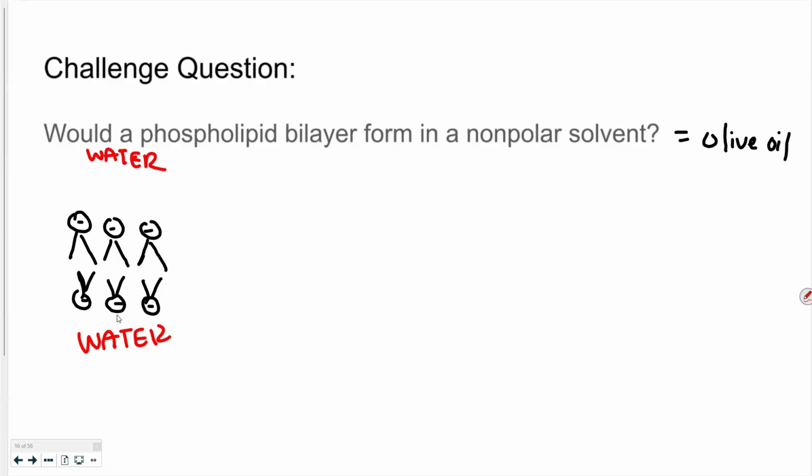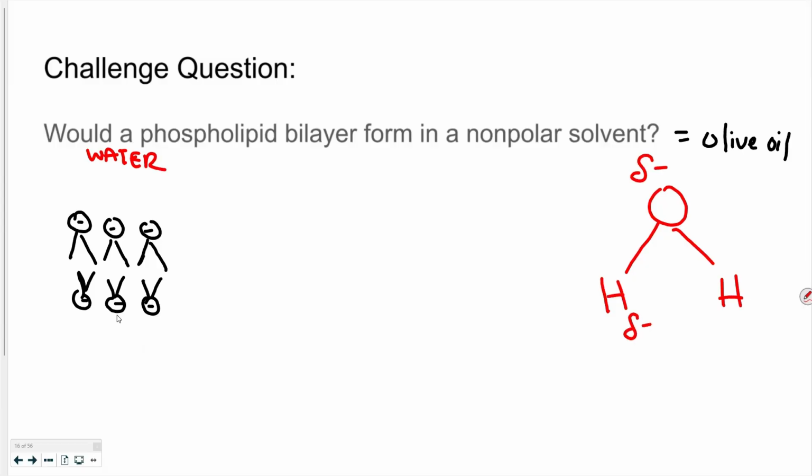And now we have to go back and remember about the properties of water and remember that water is a polar molecule. So I'm going to come over here. Okay, we got our oxygen, we got our two hydrogens. Oxygen has a partial negative charge, hydrogens have partial positive charges. This fancy letter D, this is the Greek letter delta.